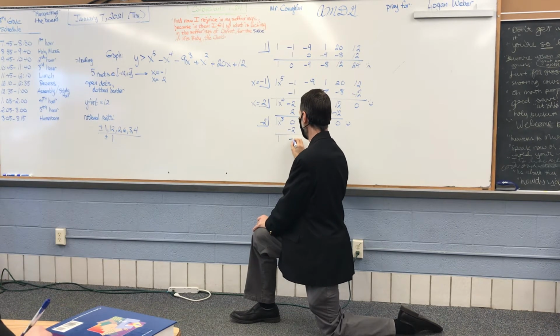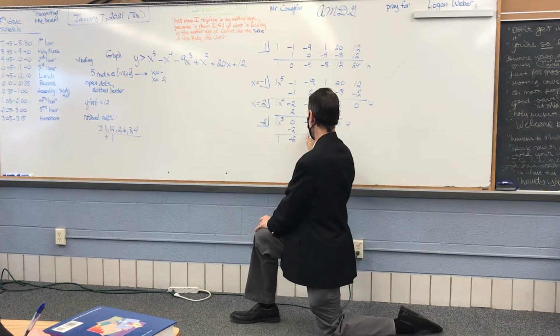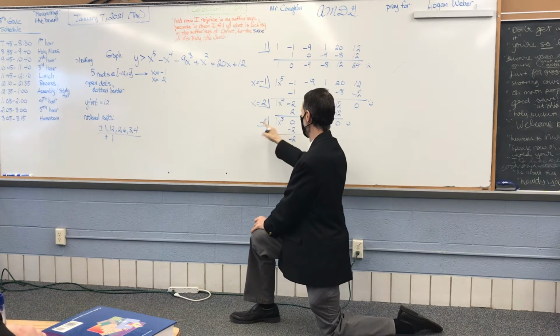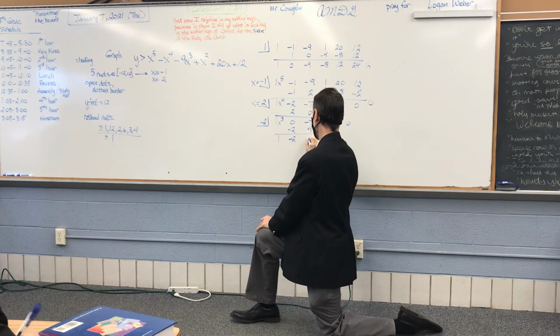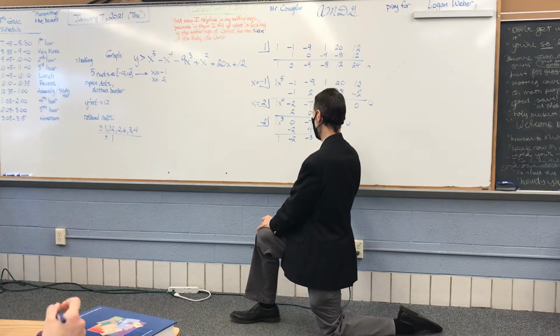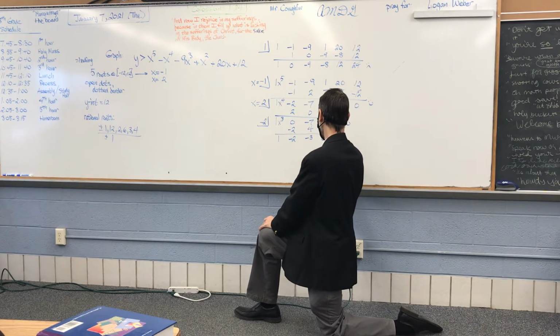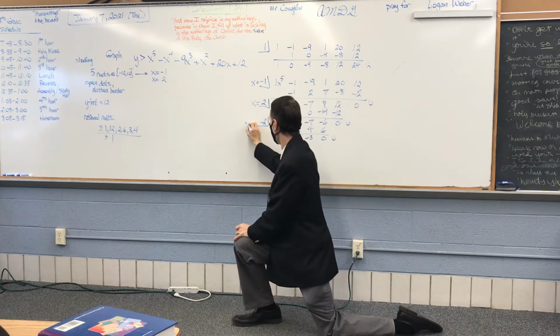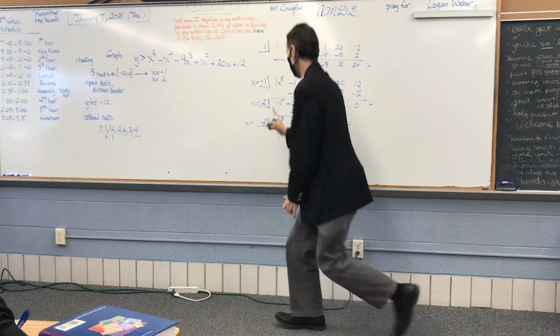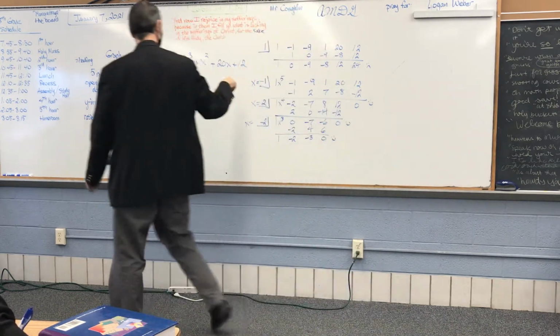Sorry, -2. Almost. Positive 4, -3. Gentlemen in the back, please focus. I'm going to be testing you, not me. 6. Oh, congratulations again. So we've got -1, 2, and -2.